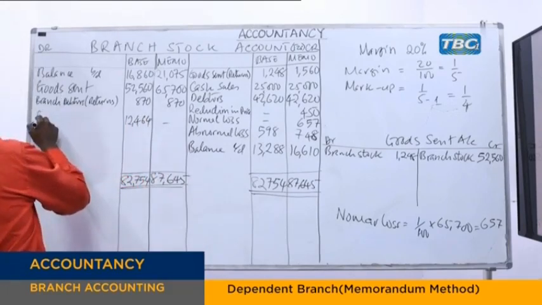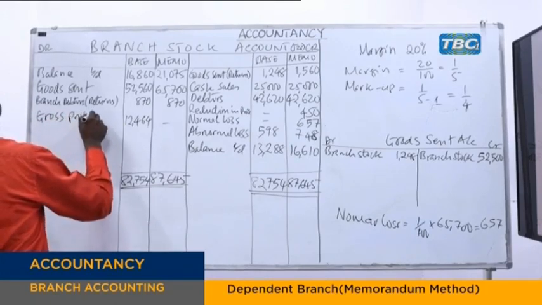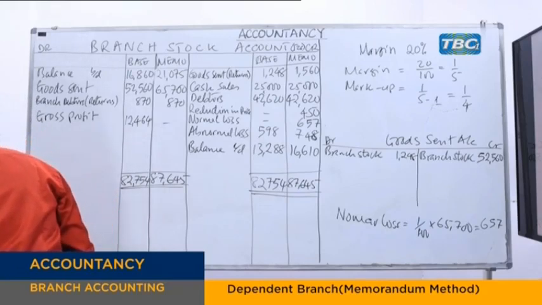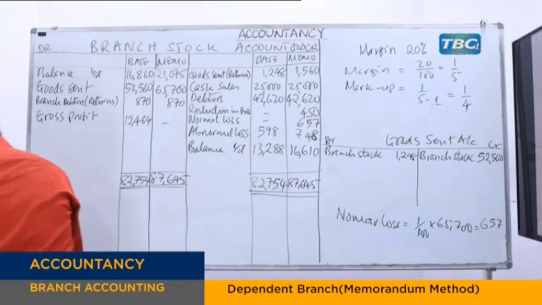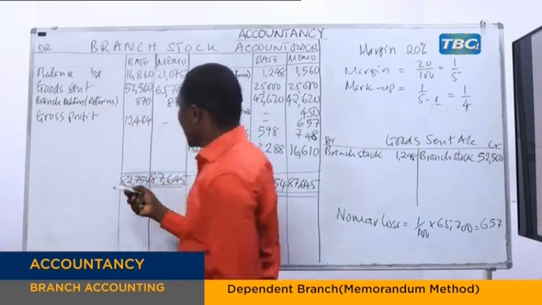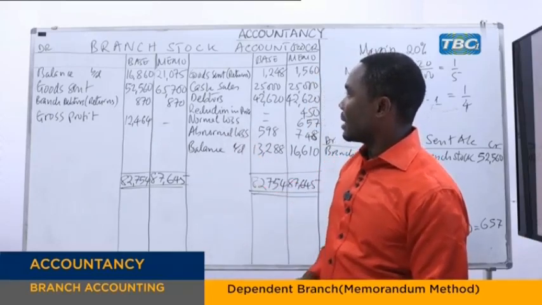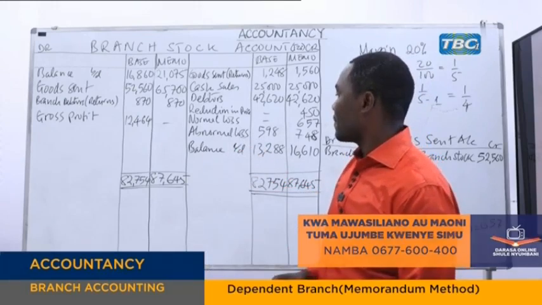This will be our gross profit. Okay, so far we have completed our branch stock account as it was required in the question.